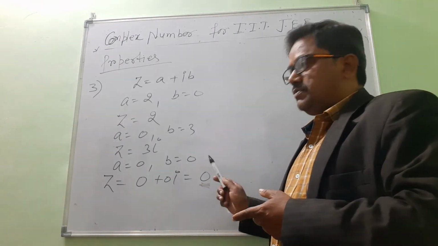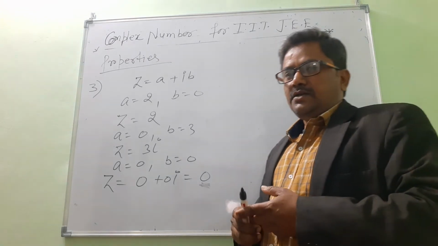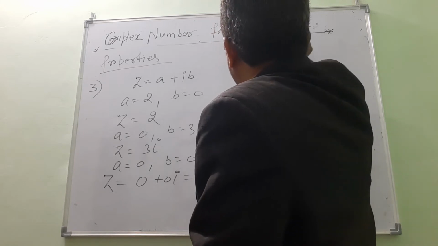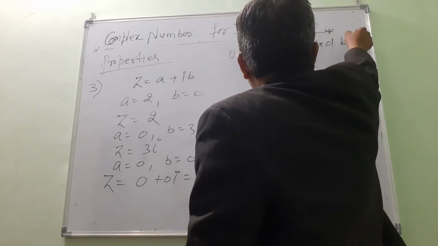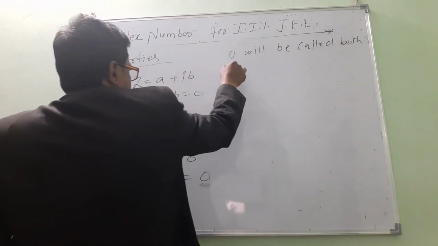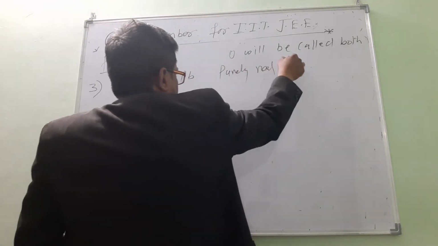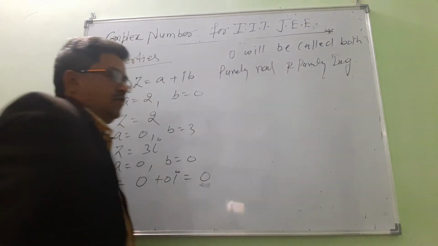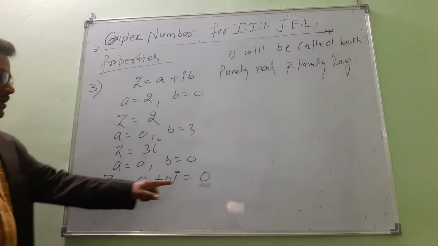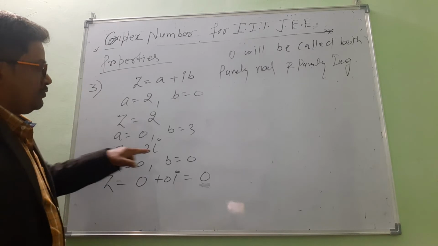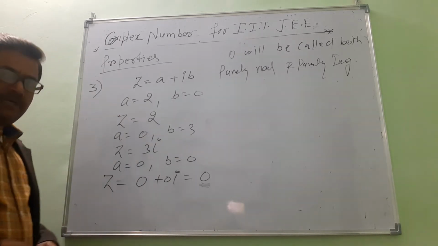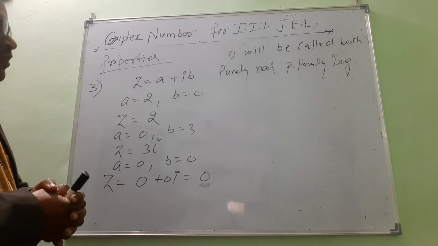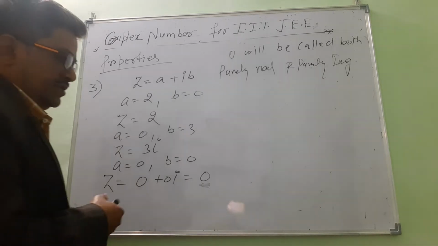Then what will this be called? This 0 will be called both purely real and purely imaginary, because we have obtained 0 on putting both a equal to 0 and b equal to 0. Now I think you will always keep in mind that 0 is both purely real and purely imaginary.